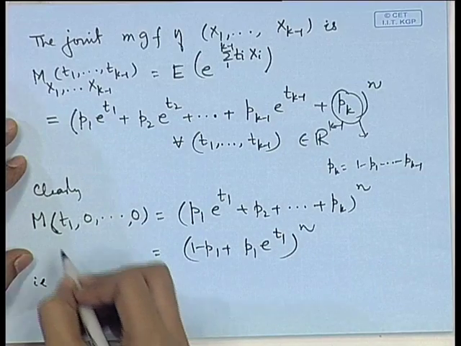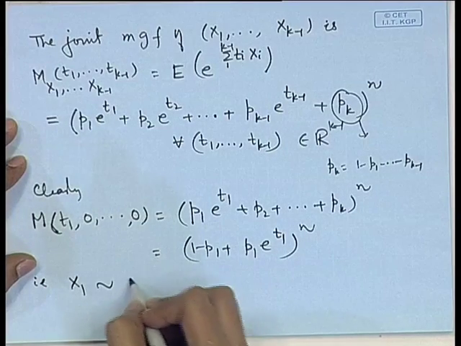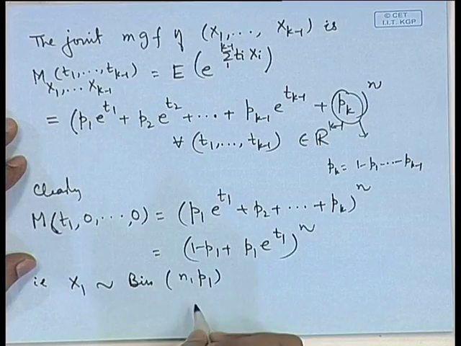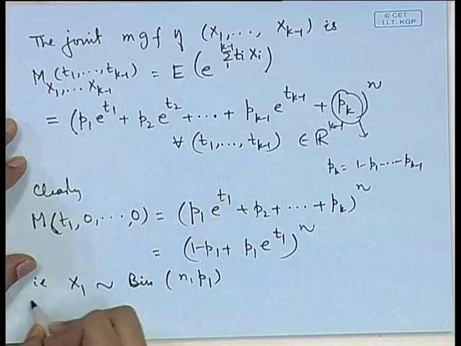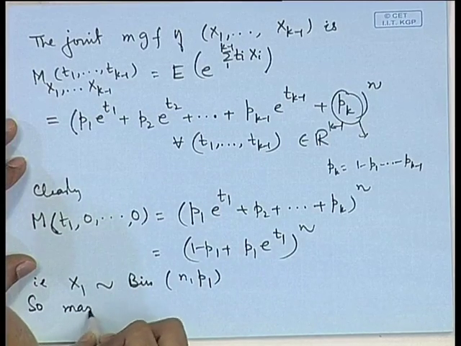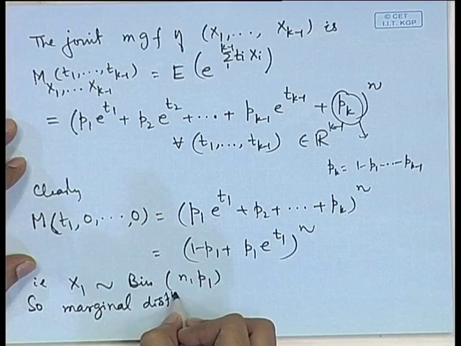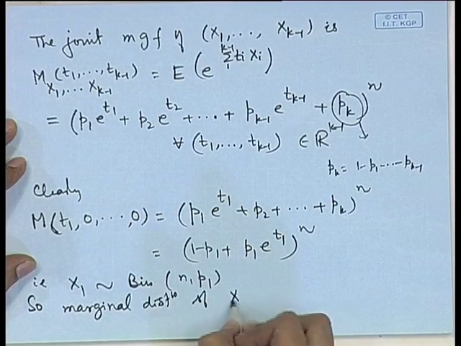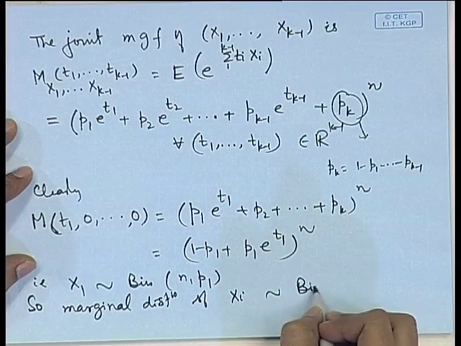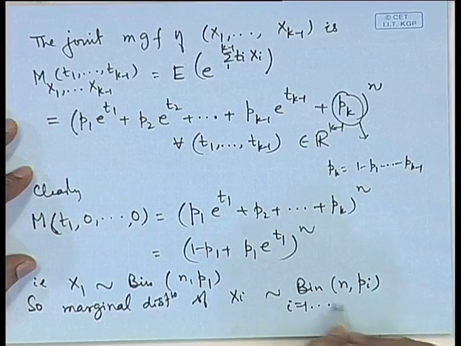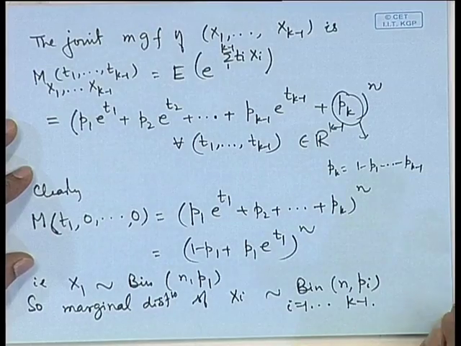That is, x 1 follows binomial n, p 1. That means the marginal distributions of x i's are binomial n, p i for i equal to 1 to k minus 1.